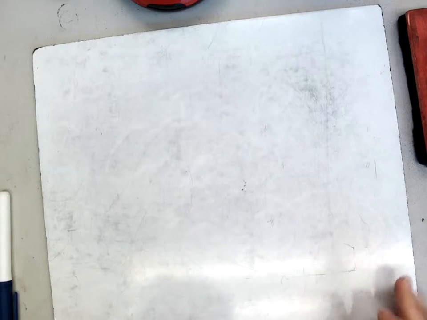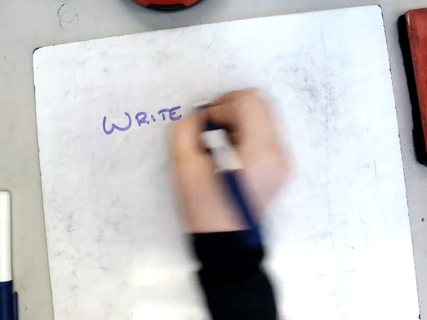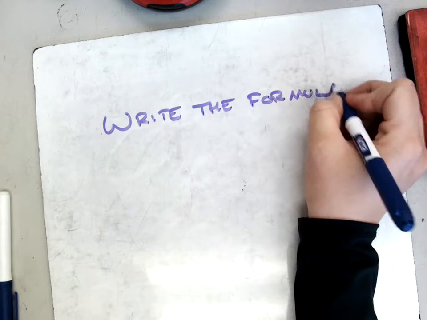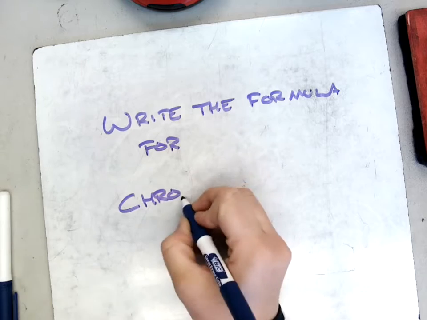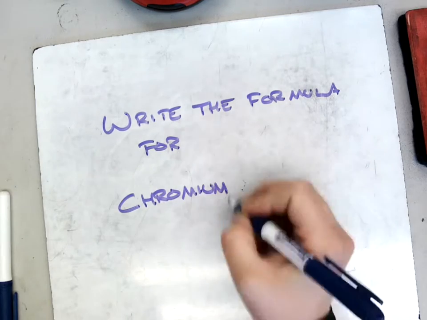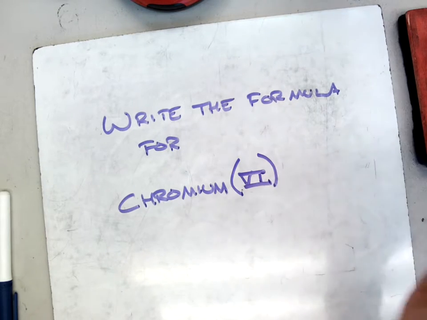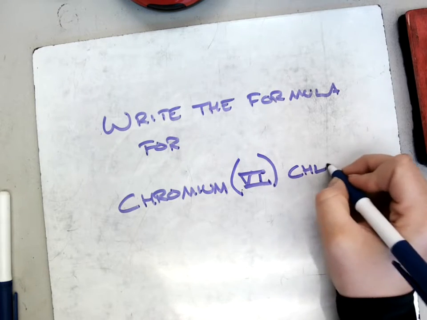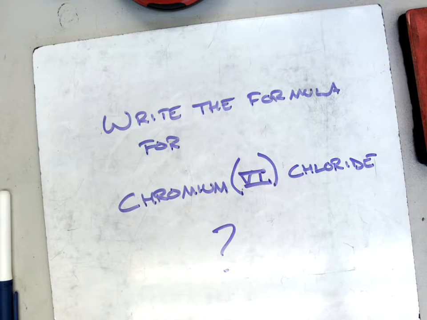So you're going to write the formula for this ionic compound. Chromium VI chloride.